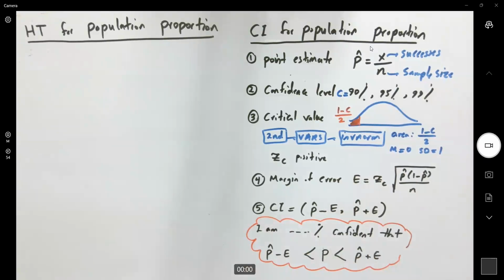Well, this is for confidence interval. It gives us an approximation for population proportion.